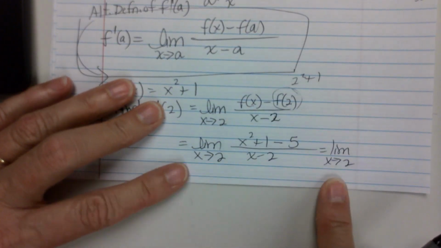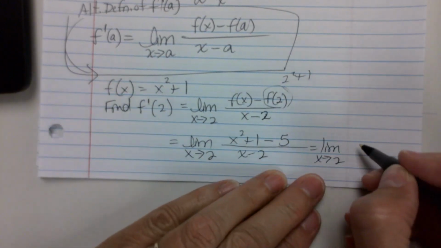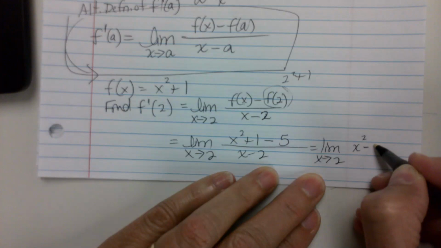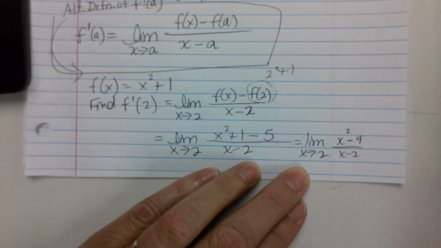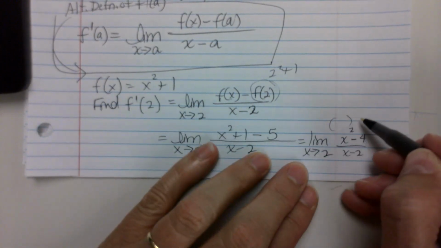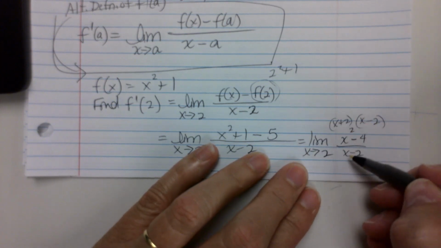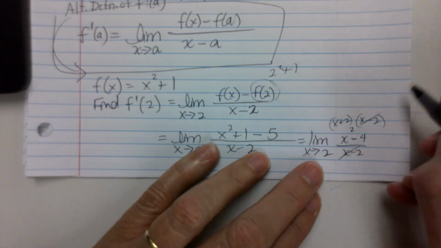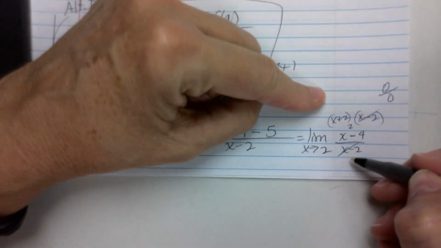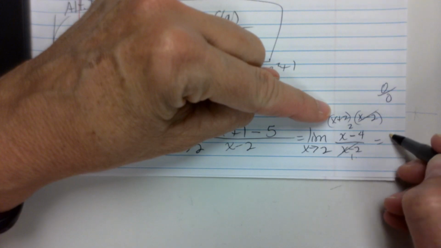On the top, 1 minus 5 is what? -4. So now, what can we do to the top? Factor that thing. And what cancels? By the way, if we'd plugged in a 2, we would have gotten a 0 over 0, so we knew we had to keep going, right? But now, we have a 1 on the bottom. Replace that x with the 2, and what do you see? 4.